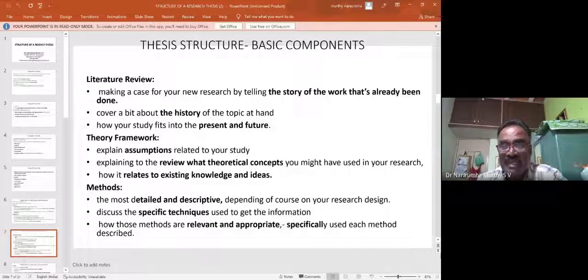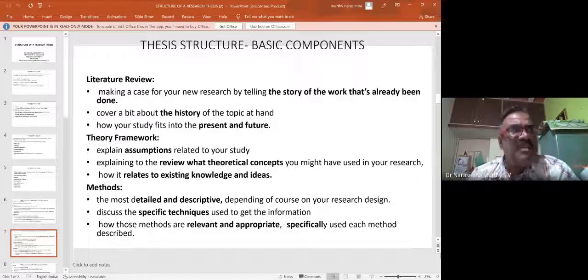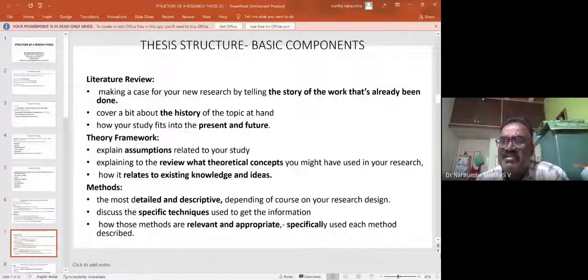For example, when I was doing my research, I was thinking of a psychoanalytic approach, psychoanalytical theory, and reader's response theory. All these things I was discussing, and my supervisor had a very simple answer. Okay, how do you relate it? How do you relate your study to this?